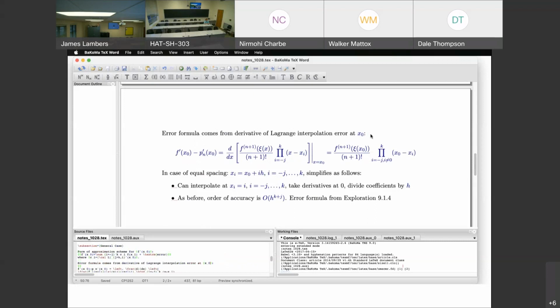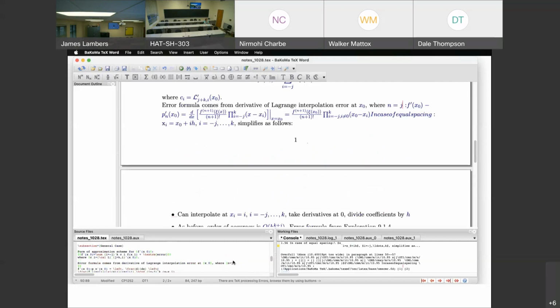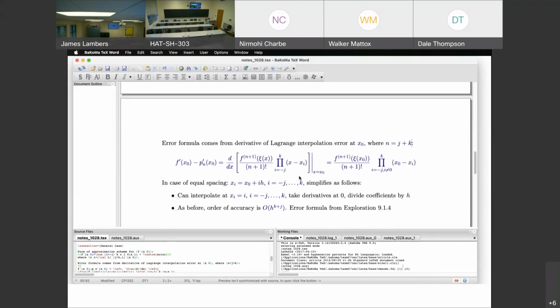I need to make clear the value n here. As I mentioned, that's the degree of the interpolating polynomial, given by j plus k.